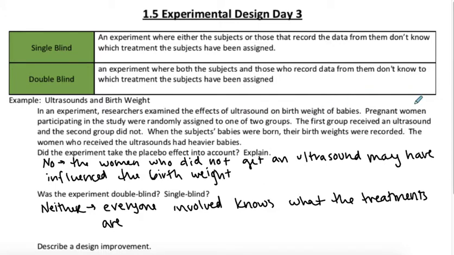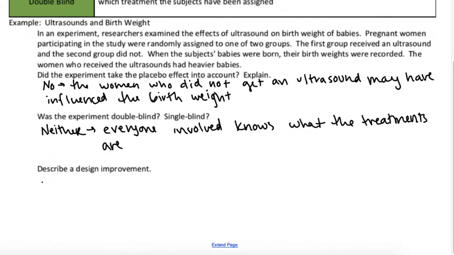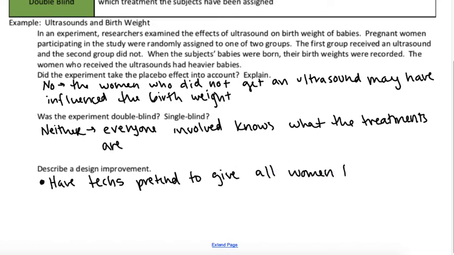So if we were to improve this design to address the idea of a placebo, we would need to have the technicians pretend to give all women the ultrasound, but only actually scan a randomly selected group.